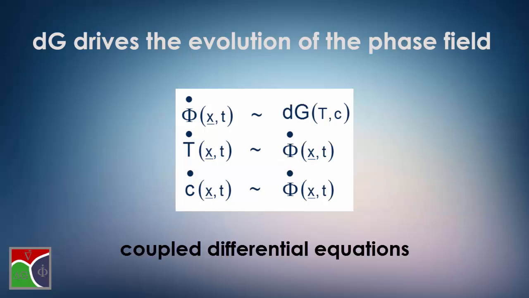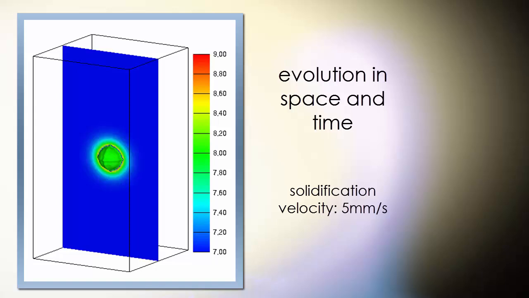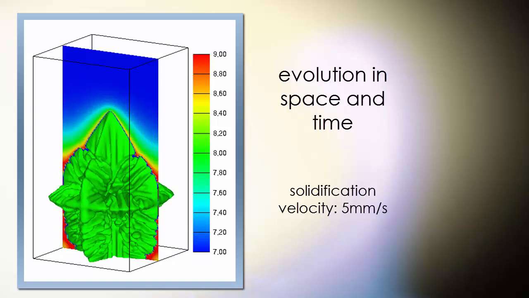So we've got a set of coupled differential equations where the T goes back into the driving force, into the delta G, and the C goes back into the driving force. And if we couple these sets of differential equations, then we can describe the evolution of complex structures in space and time.